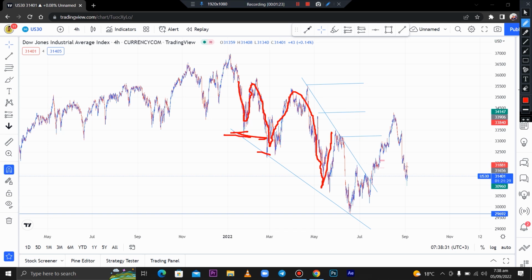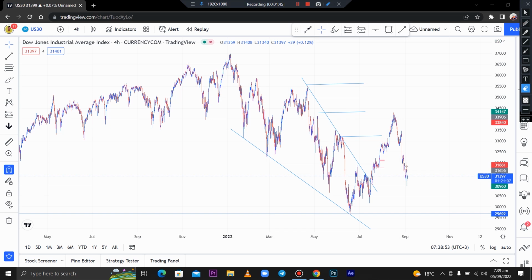Okay, you see that clearly. This was broken to form this, this was broken to form this, and this was broken to form this. So what would our expectation be? We expected this to break below, at least to hit around here, initially, but that didn't happen.